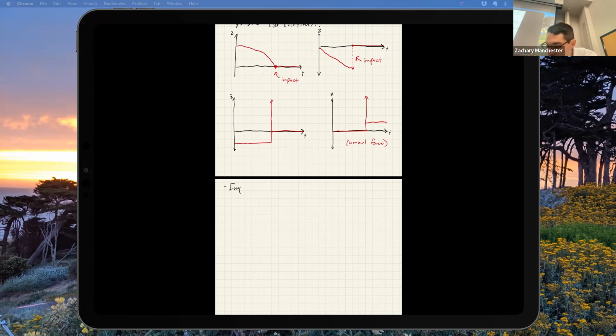So impact, and it turns out also sticking friction, Coulomb friction, which we'll talk about later, cause these velocity discontinuities.